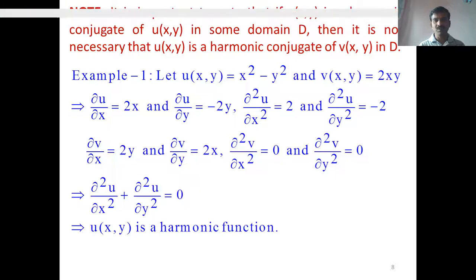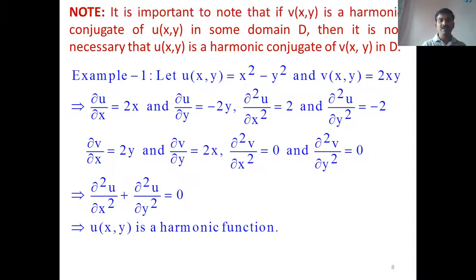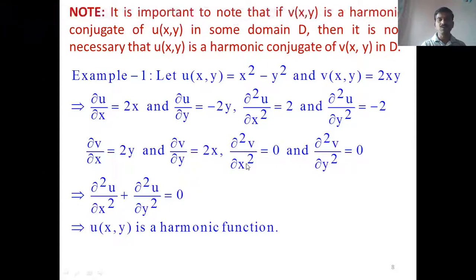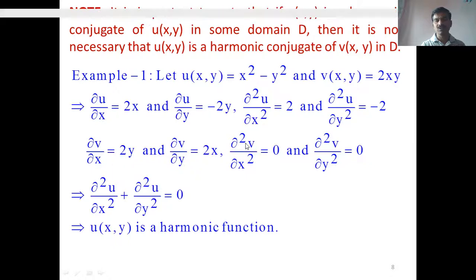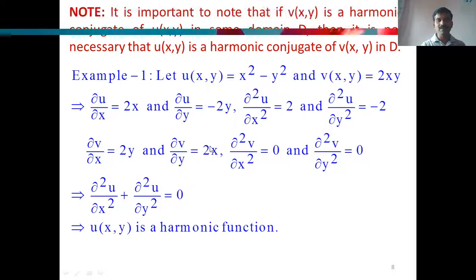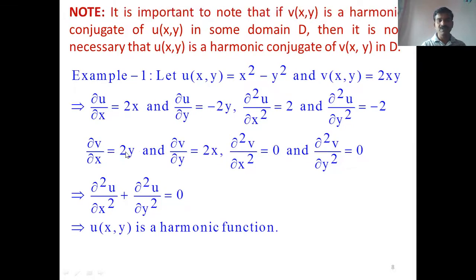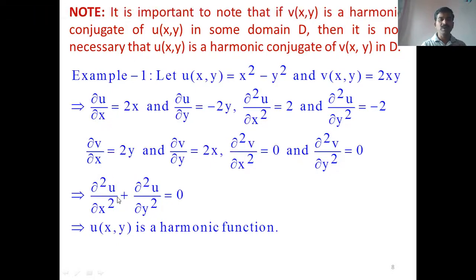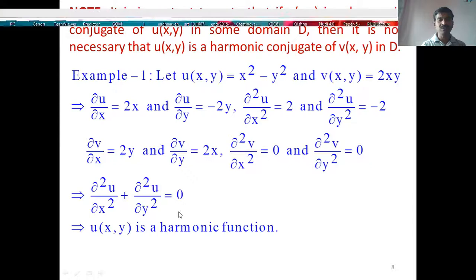Differentiating u with respect to x gives 2x, and with respect to y gives −2y. Differentiating again, ∂²u/∂x² is 2 and ∂²u/∂y² is −2, so ∂²u/∂x² + ∂²u/∂y² = 0. That is what it is.